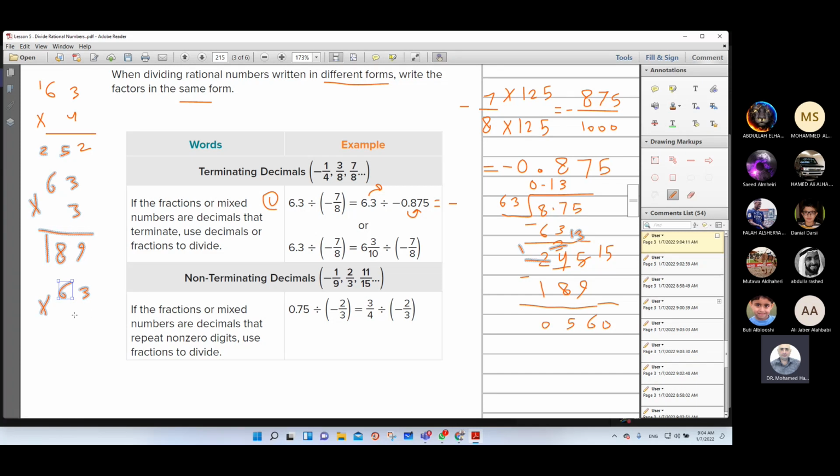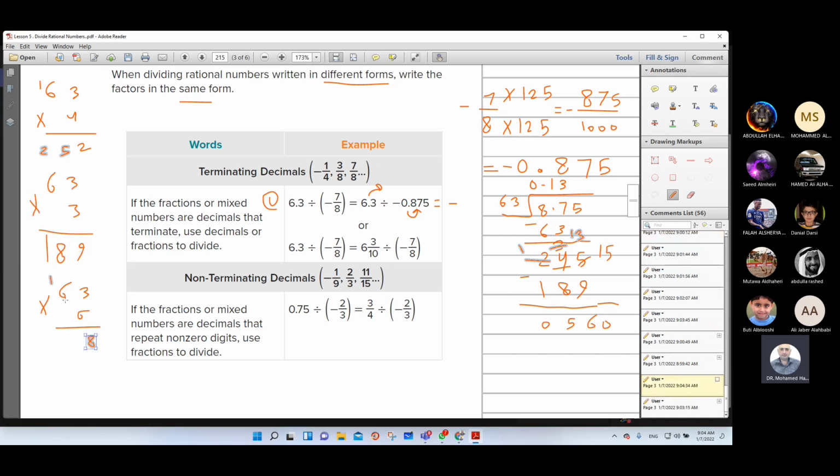And if you try, for example, 6. 6 times 3, 18. 6 times 6, 36. 36 plus 1, 37. So this is smaller than 560.